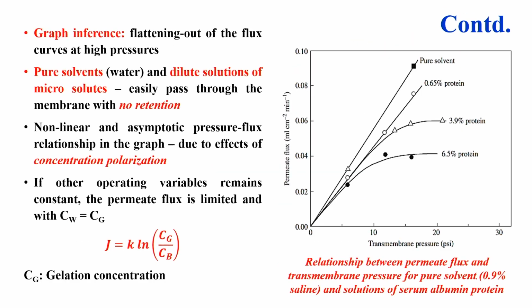Now, using this model, if you try to explain this concentration polarization, the equation was J as K ln Cw upon Cb.